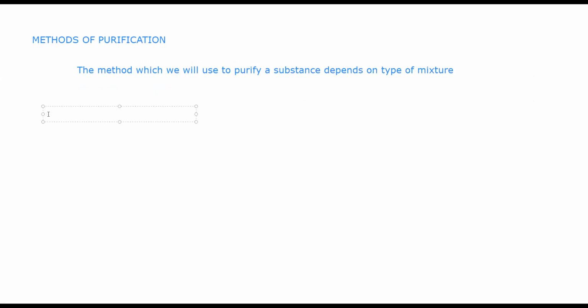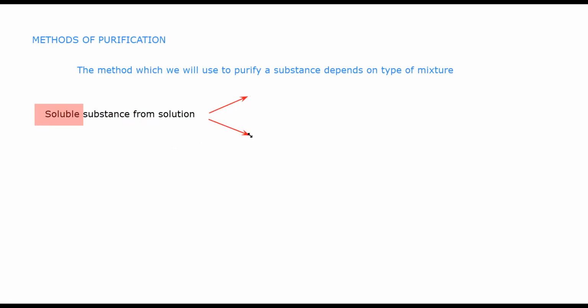the first type of mixture, if you have a soluble substance from solution. The term soluble refers to something which can dissolve. So if you want to separate the soluble substance from solution, there are two techniques you can use.